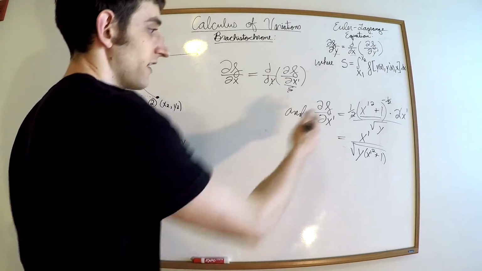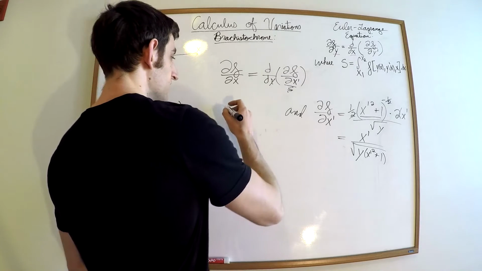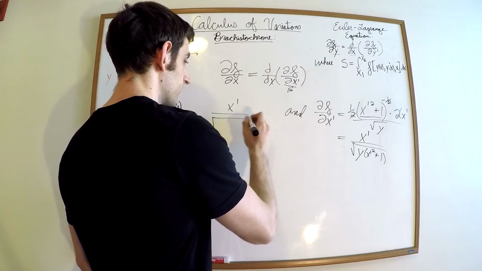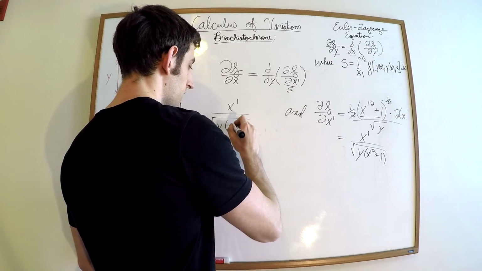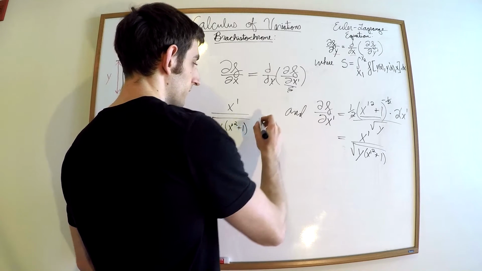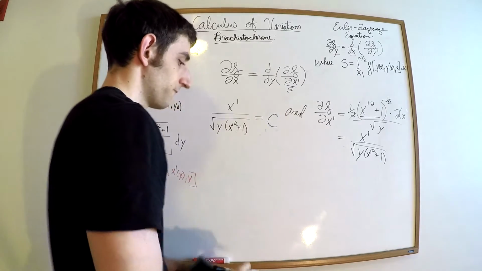So let's write that down and then erase that to make some more board space. So we know that x prime over the square root of y x prime squared plus 1 is going to be a constant c. Okay?